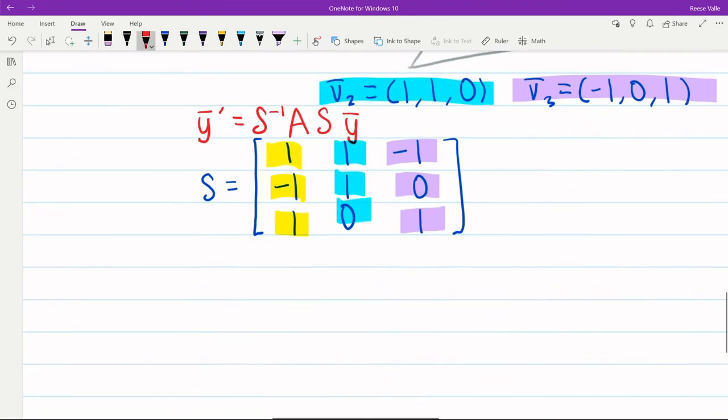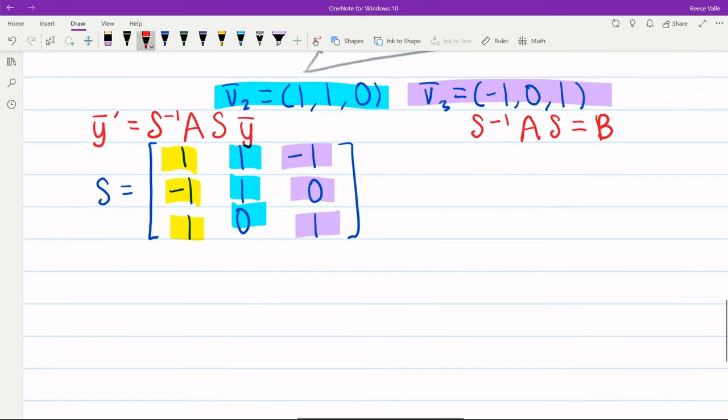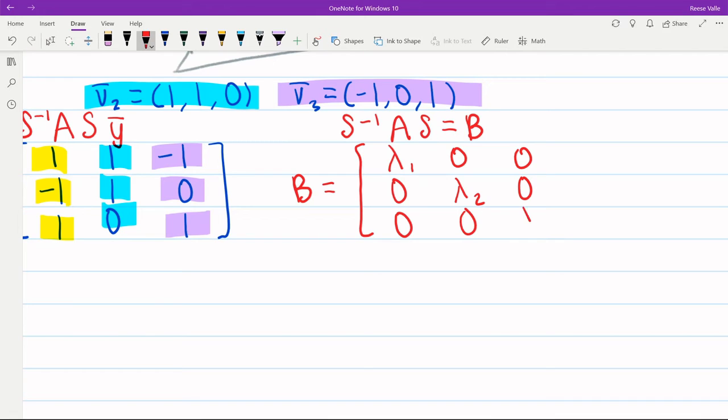And remember that this S inverse AS is also just B. In this case, B is going to be lambda 1, 0, 0, 0, lambda 2, 0, 0, 0, lambda 3.